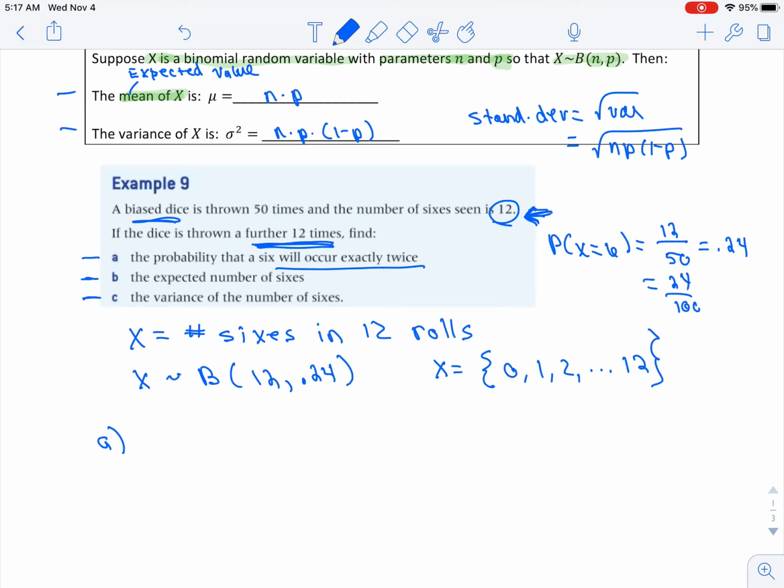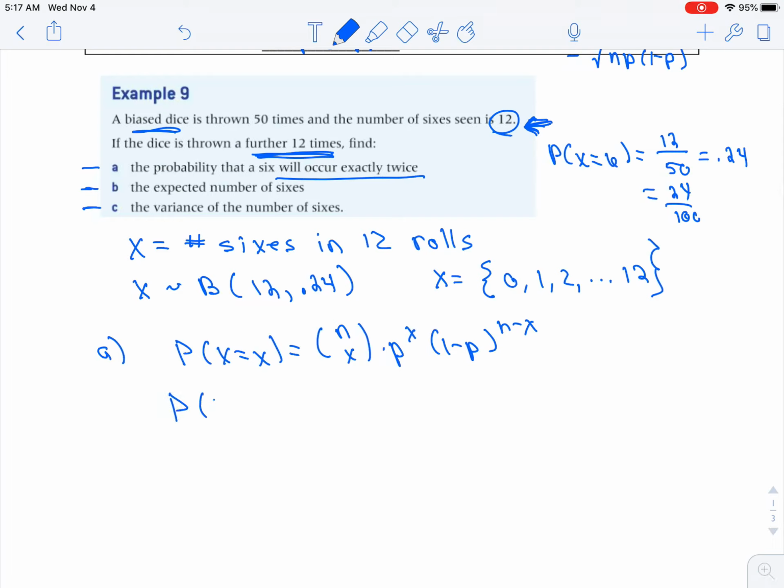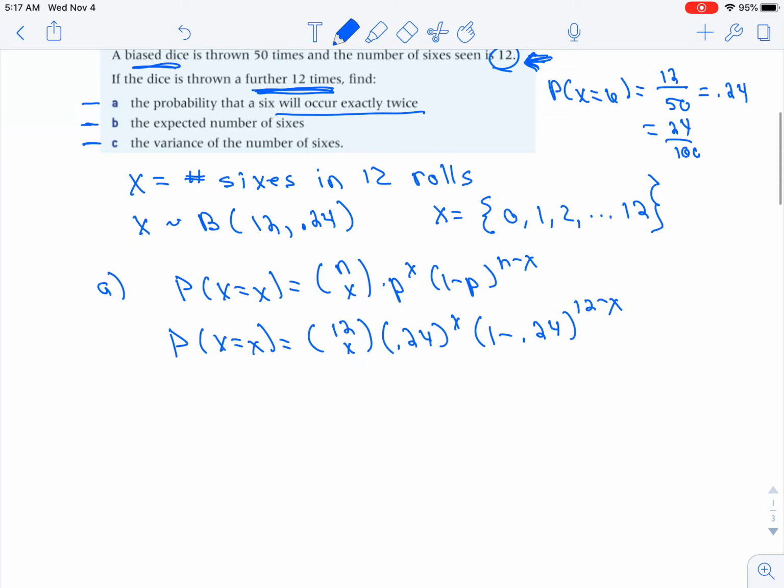For the first one, it says, what's the probability that 6 will occur exactly twice? So that means that they're looking at the probability that X is equal to x. And remember that the general formula, I think this is on your formula sheet, is n choose x times p to the x times 1 minus p to the n minus x. So in our case, the general formula will be the probability that X is equal to x is 12 choose x times 0.24 to the x times 1 minus 0.24 to the 12 minus x. And this is just going to be 0.76.